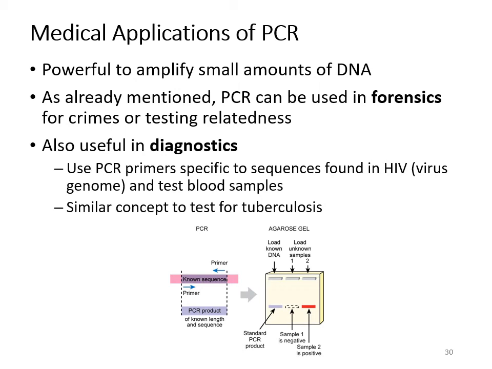They'll have primers that target the mutated sequence and see if that's present in a sample. If you see amplification, that means the gene you're looking for is present in that person. And if you don't see amplification, then the primers had nothing to stick to. There was no bad gene present. So very powerful in the medical field.